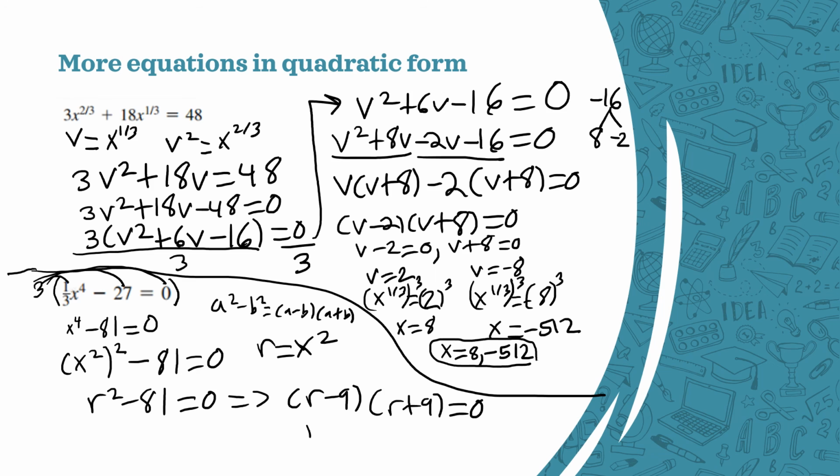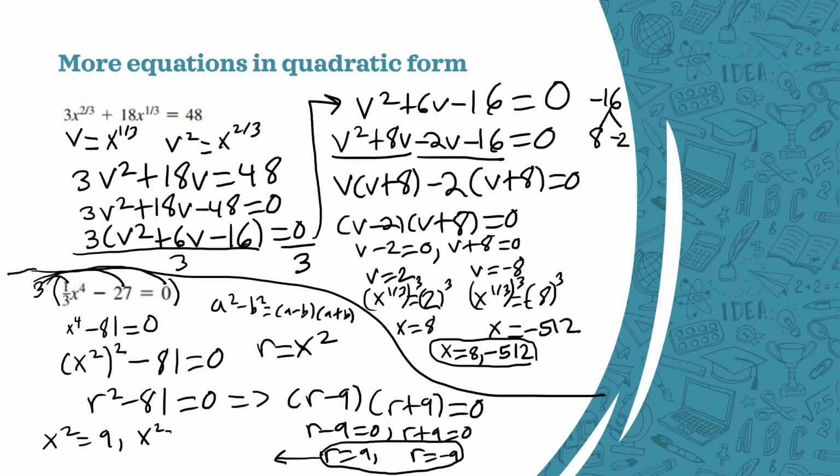So then r minus 9 equals 0, r plus 9 equals 0. So r is going to equal 9, and r is going to equal negative 9. But remember, we're not trying to solve for r, we're trying to solve for x. So I'm going to move this back over here. What is r? x squared. So x squared is going to equal 9, and x squared is going to equal negative 9.